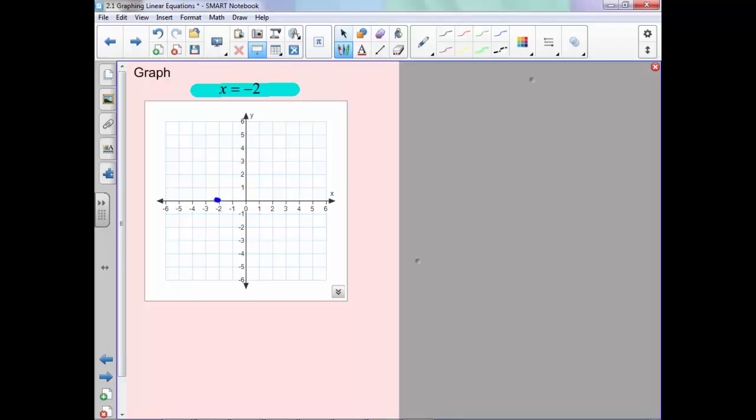When your y is 4, your x is still -2. When your y is -3, your x is still -2. So notice it's just a vertical line through -2. So anytime you have x equal a number, this is going to be a vertical line.